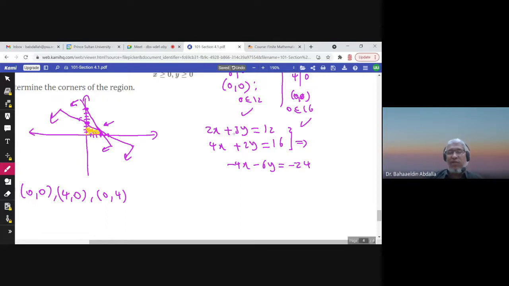And the second equation, I will write as it is. To be able to eliminate x when I add, negative 6y plus 2y is negative 4y, and negative 24 plus 16 is negative 8. So dividing by negative 4, y is 2.